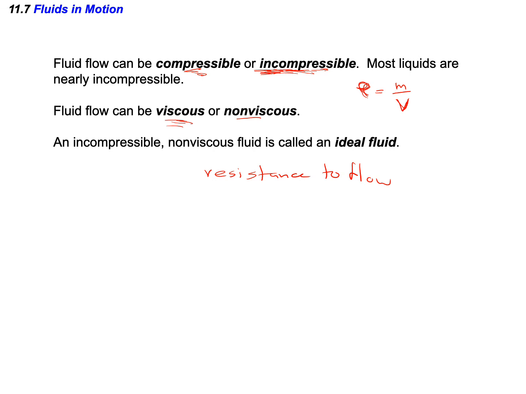So non-viscous means no resistance to flow, and incompressible means the density is not changing. We call it an ideal fluid. Ideal fluids are non-viscous. They flow freely, with no resistance, and are incompressible. The volume and density remain the same no matter what the speed or the temperature of the fluid is. So ideal fluids are non-viscous and incompressible.